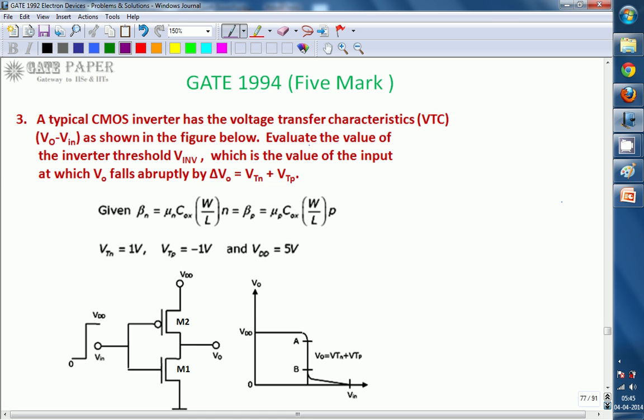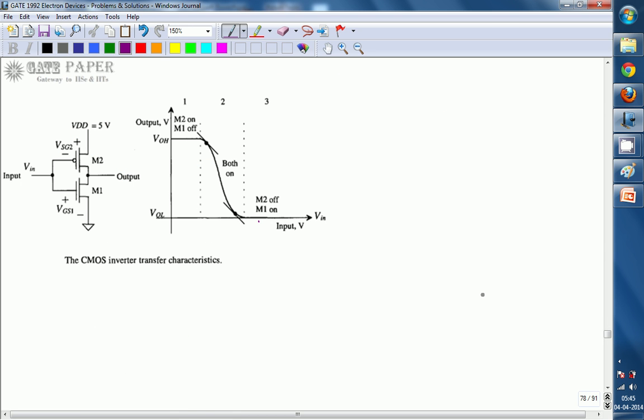So from this, we can say that a CMOS inverter is nothing but this: whenever you apply an input as logic low level, the output will be logic high level, and if the input is logic high level, the output will be logic low level. That is, inversion takes place.